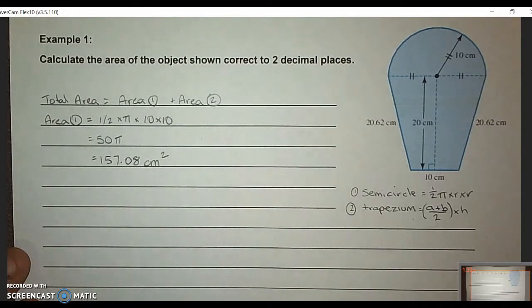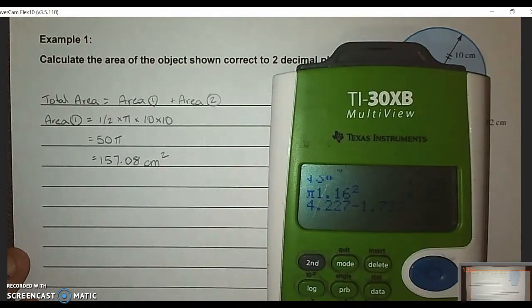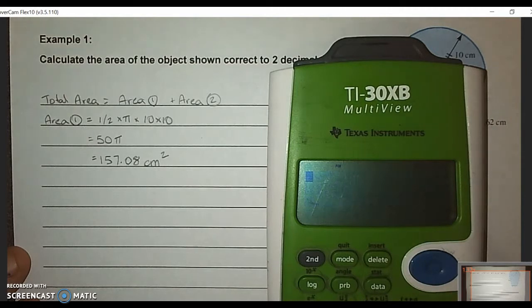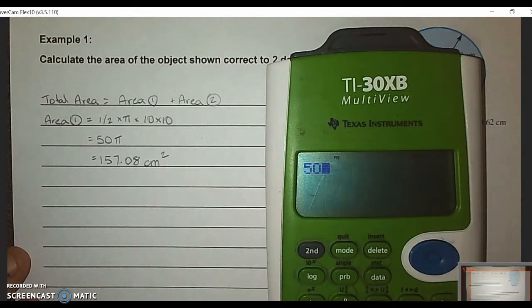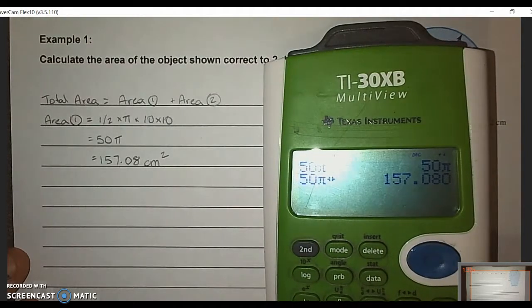And if you wanted to prove that, here's our calculator. 50 pi, press the white button, and it's 157.08.